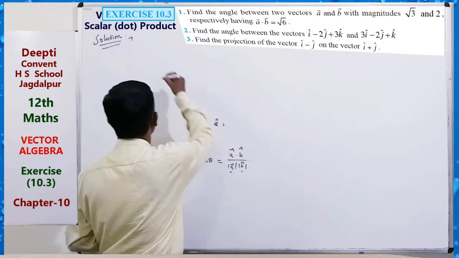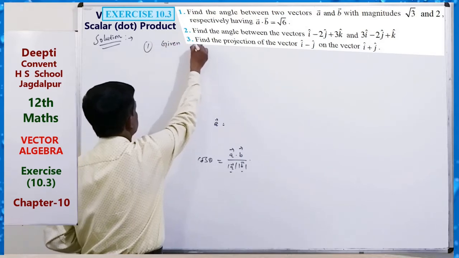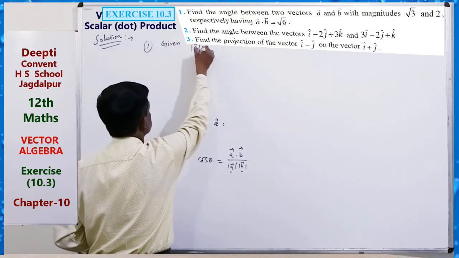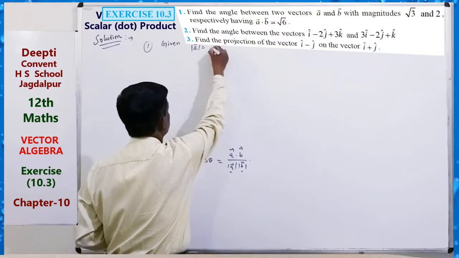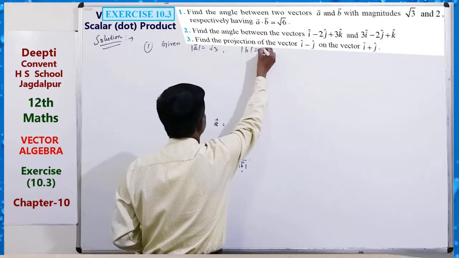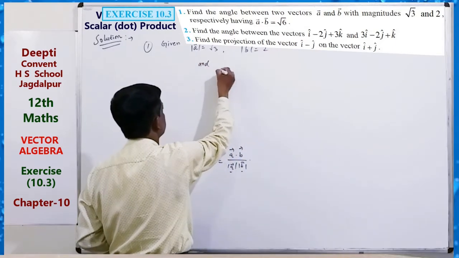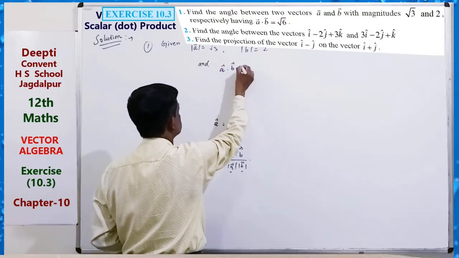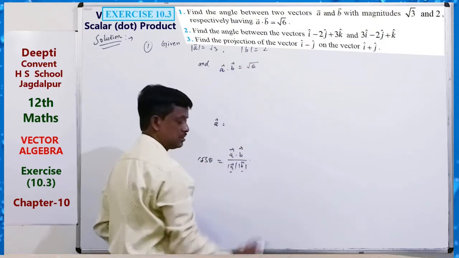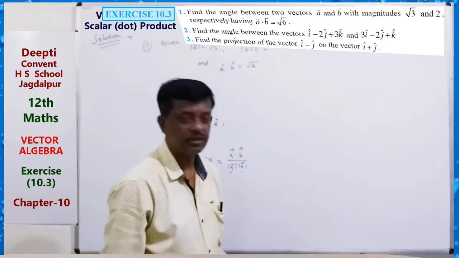So in the first question, what is given? Modulus A equals √3, modulus B equals 2, and A dot B equals √6.